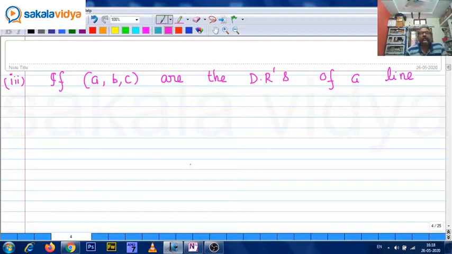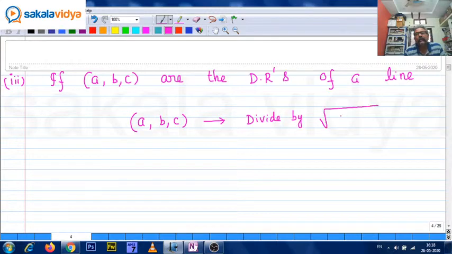So first write down like this, A, B, C, and divide each component by root over A square plus B square plus C square.